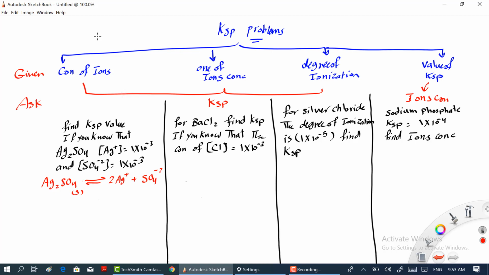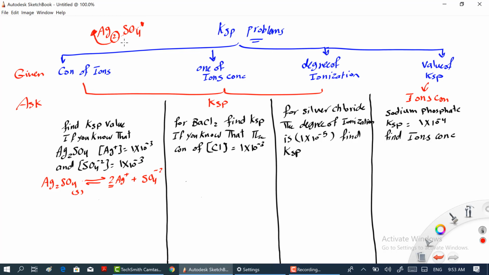Firstly, Ag2SO4: circle the 2 and put the 2 in front of Ag, the first one. Then cross to the other part of the salt, with a negative sign, so we find it will be dissociated into 2 Ag positive 1 and SO4 negative 2.